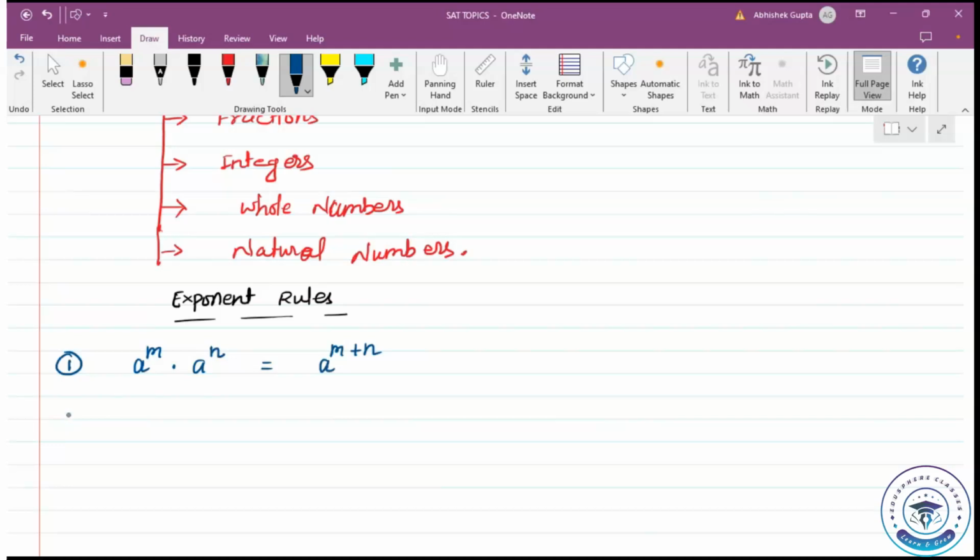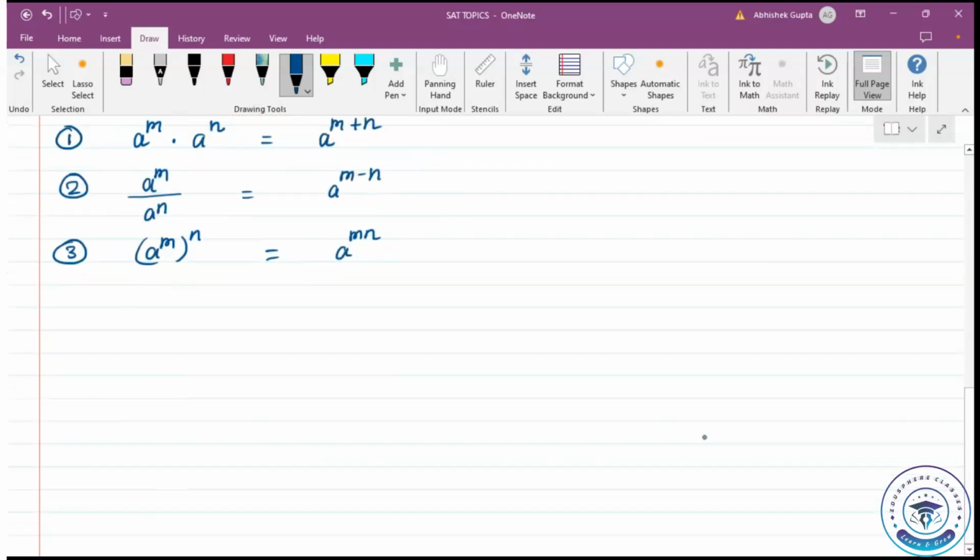Similarly, number two, a exponent m over a exponent n is equal to a exponent m minus n. Number three, a exponent m to the exponent n is a to the power m times n.